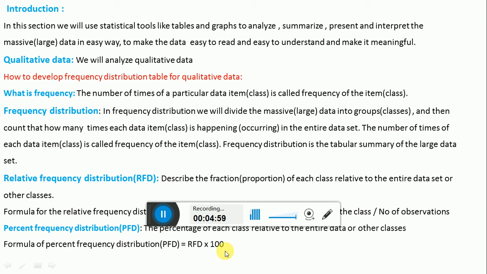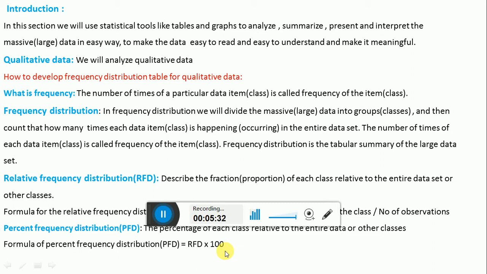It means that if a statistician is going to compute the percent frequency of a particular class, he has to multiply the relative frequency of the class by 100, so he will calculate the percentage of that class out of the entire data set. So these are the terminologies that a statistician can use to develop a frequency distribution table, and summarize and analyze the data.